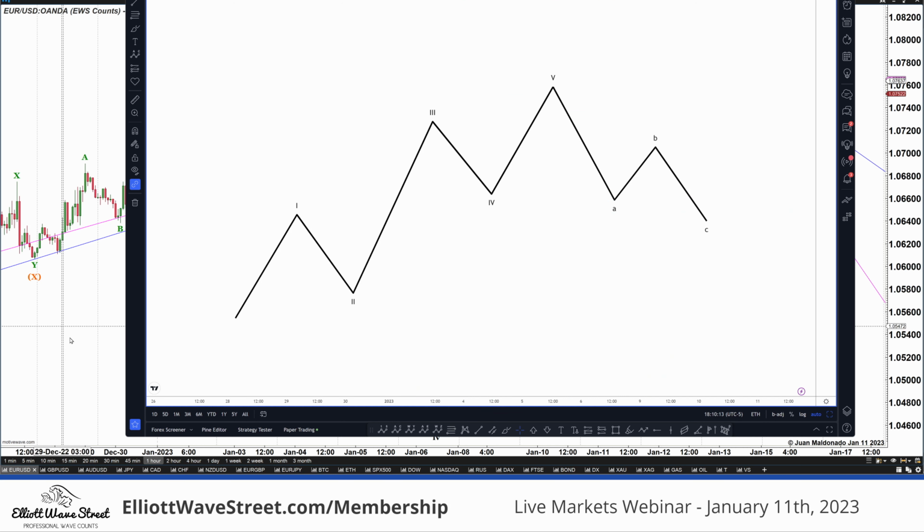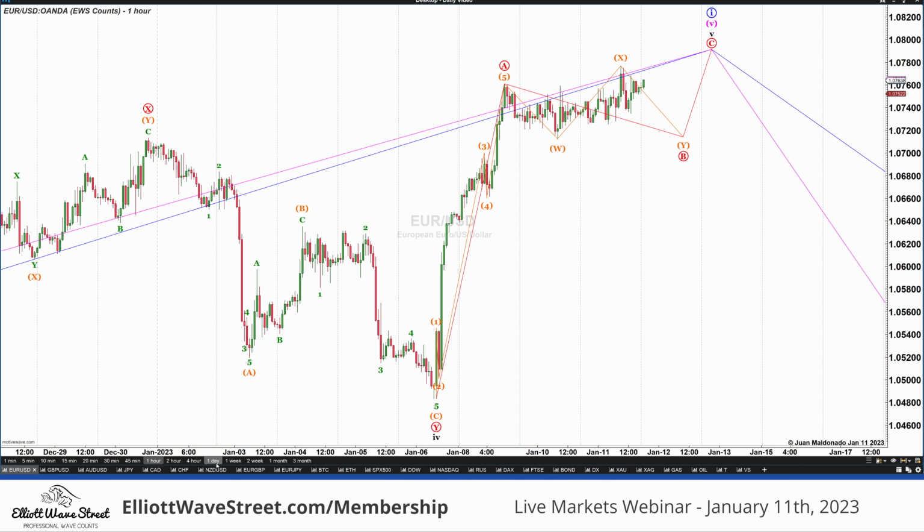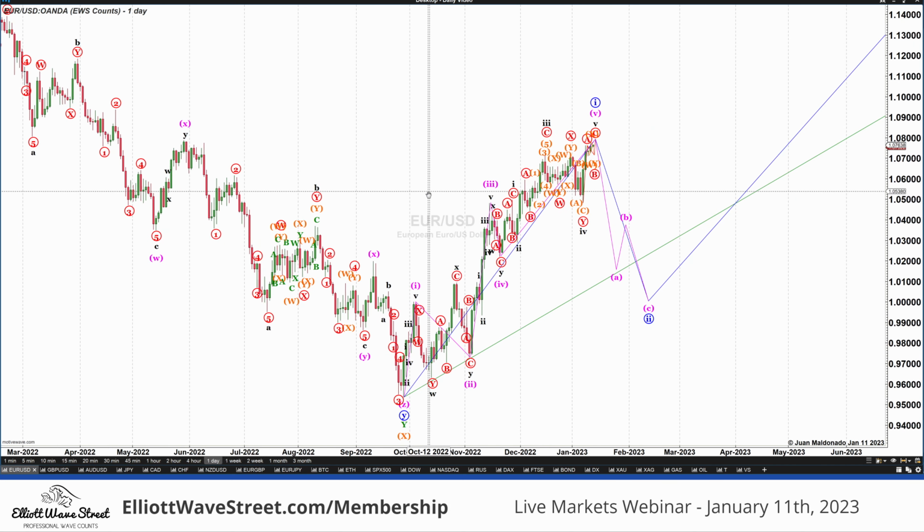And I'm going to start today with the euro. The plan, as we were mentioning, the first step in order to find the setup is finding where we are in terms of the structure, right? So I was drawing the market structure that is 1, 2, 3, 4, 5.